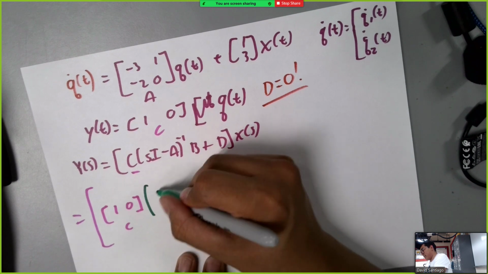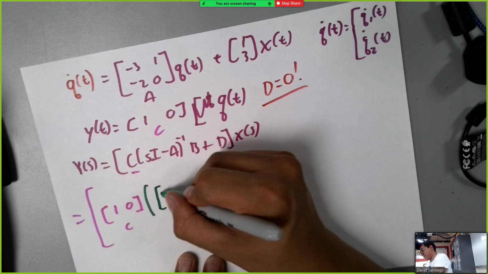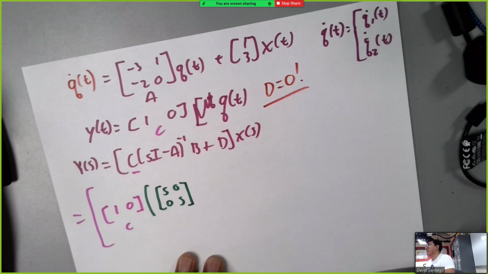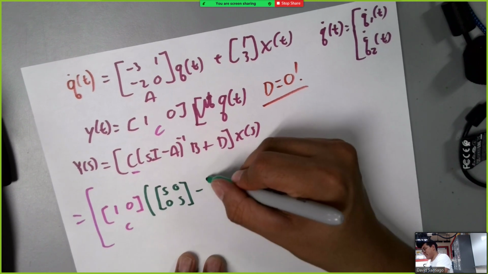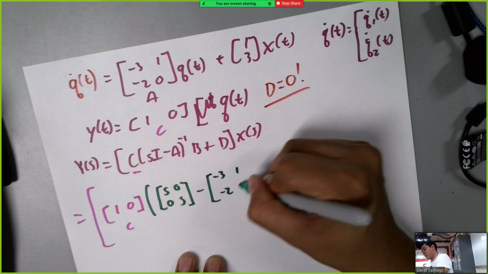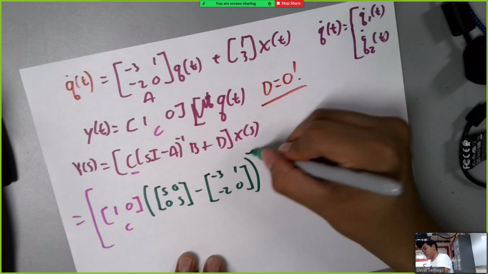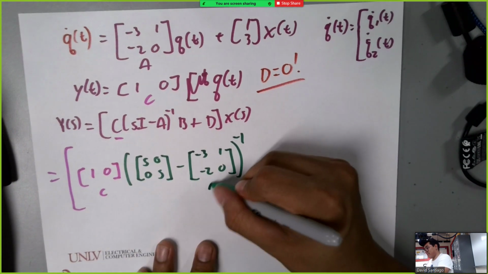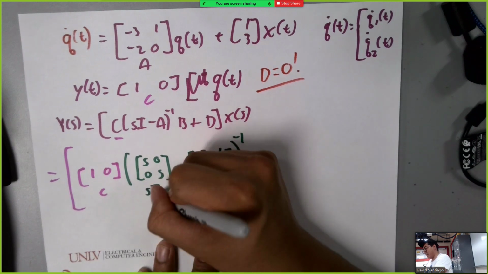Does it bother anyone if I just do this right now? S, 0, 0, S. Perfect. Minus A, so minus 3, minus 2, 1, 0, to the minus 1. Is that making sense right now? Clear? A matrix, and this is SI.